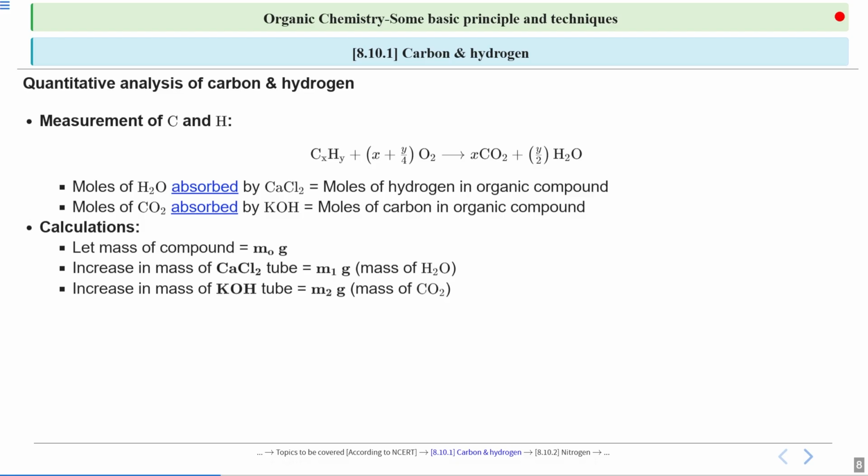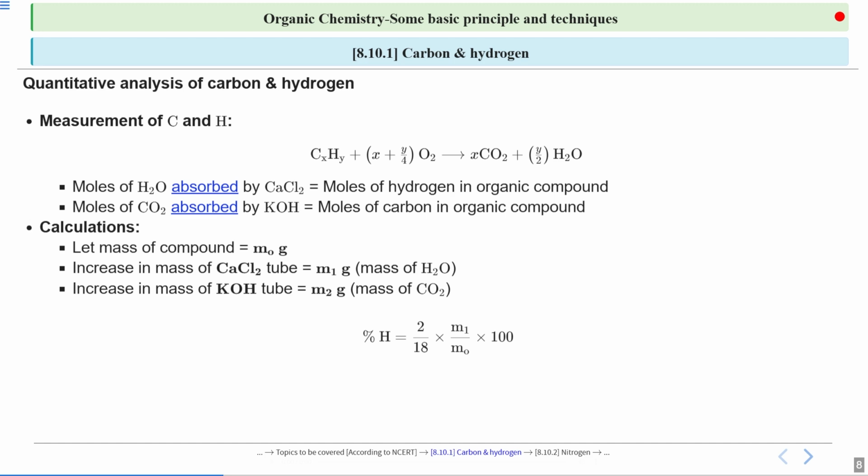Then we can similarly see the increase in mass of the potassium hydroxide tube, which will be labeled as m2 gram. This value tells us the mass of carbon dioxide produced, which we use to calculate the amount of carbon in the compound. Then to calculate the percentage of hydrogen, we use the following formula.